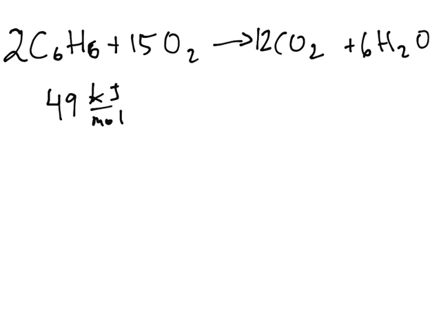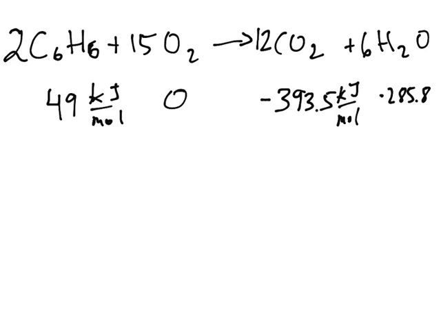The oxygen is 0, because remember, the enthalpy of formation of an element in its elemental state is always 0. For CO2 it's negative 393.5 kilojoules per mole. And finally for water it's negative 285.8 kilojoules per mole.